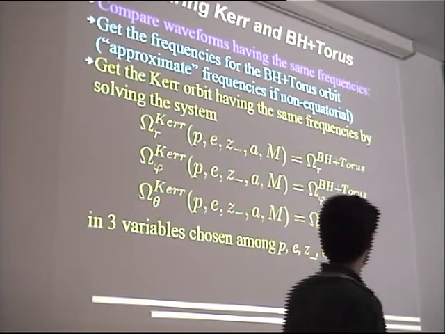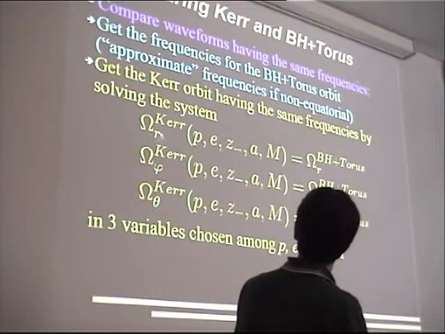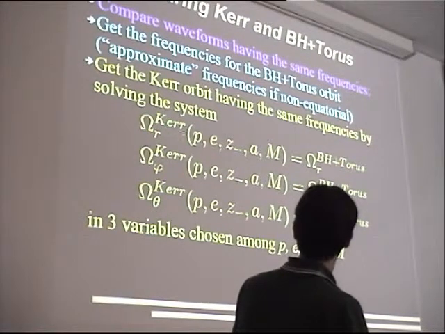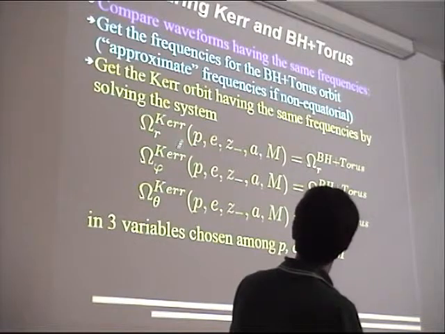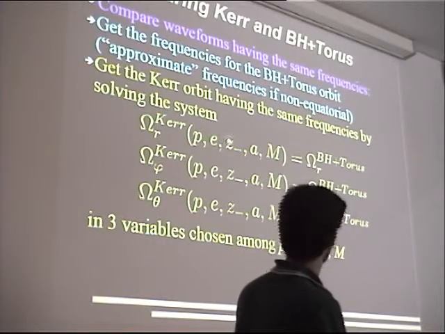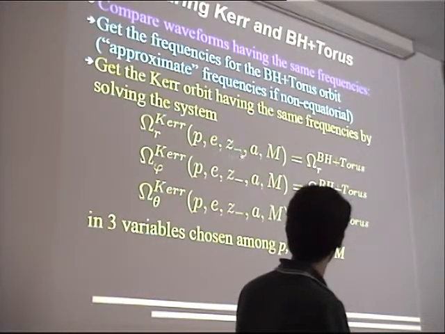you can solve these sets of equations, because you do have analytic expressions for the R frequency, phi frequency, and theta frequency in pure Kerr spacetimes. And these frequencies depend on 5 parameters: the latus rectum of the orbit, the eccentricity of the orbit, the inclination, the spin of the Kerr black hole, and its mass.